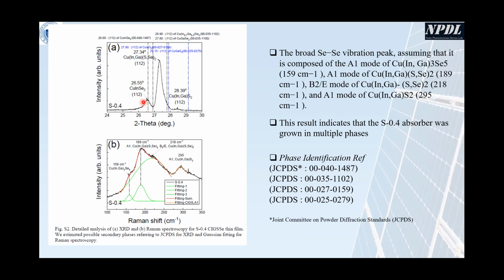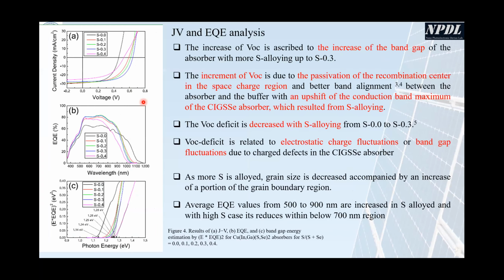So high sulfur is not beneficial for the device, and a high sulfur device shows multiple secondary phases, not a unique phase. Our main concern is a single crystalline phase, that means it exhibits only one sharp dominant peak, not too many other secondary phases.